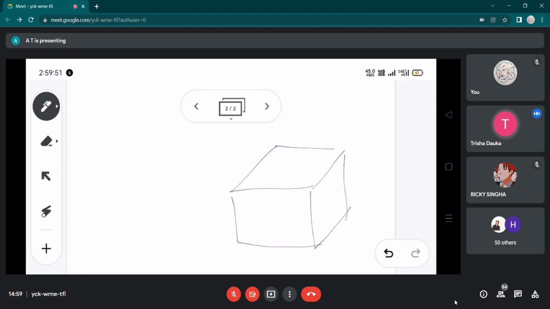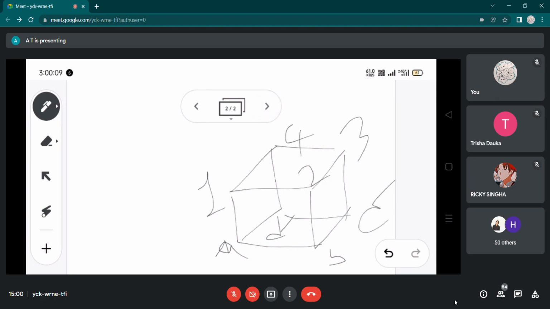So in these edges, the bottom portion are known as A, B, C, D, and similarly with A coincides 1, with B it should coincide 2, with C it should coincide 3, with D it should coincide 4.